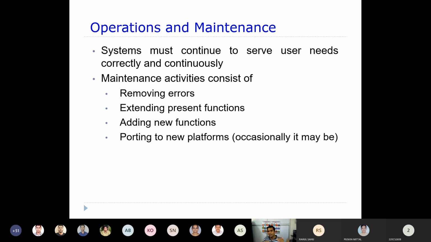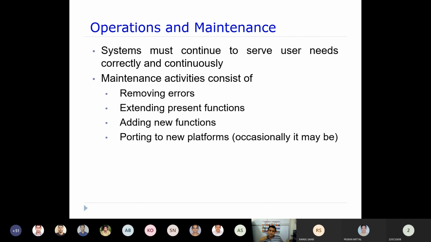Those things will be recorded here, and then accordingly we need to maintain the software. I mean, we need to change the software if it has some errors, so those errors need to be resolved here. Sometimes you try to enhance certain existing features or functions, or sometimes you can add some new functions.